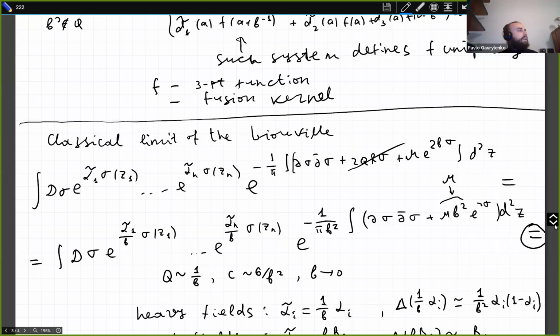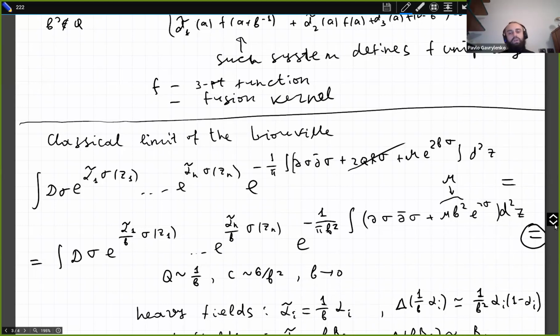But if we say that when we think about the anomaly, we can forget about this Liouville potential, and in this case, we know that this path integral is just a determinant of the Laplacian. So yes, 2 to the power minus 1/2.